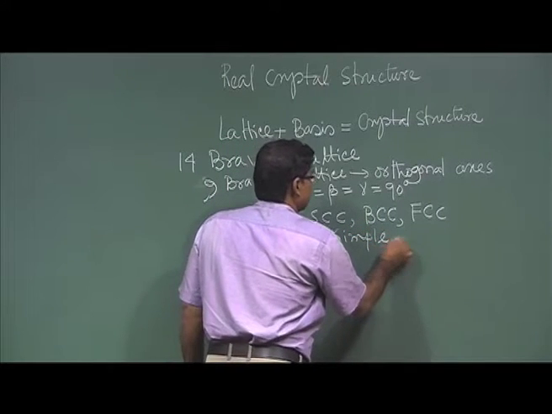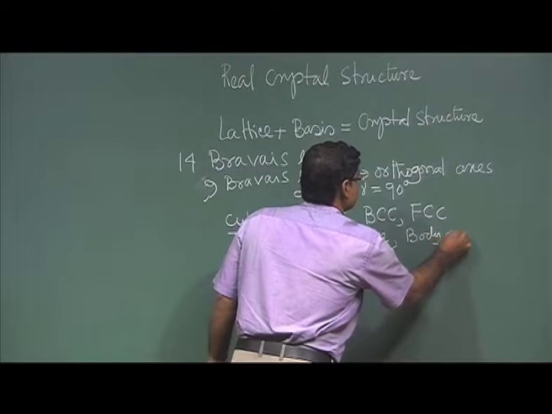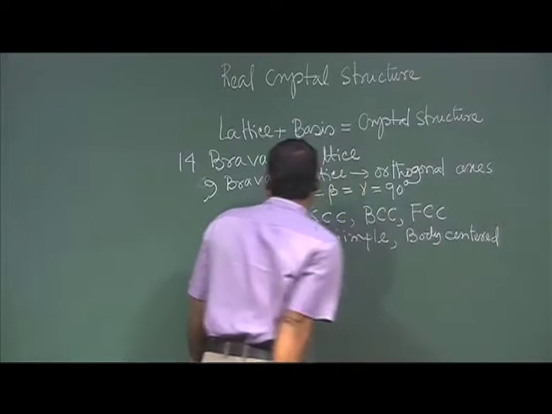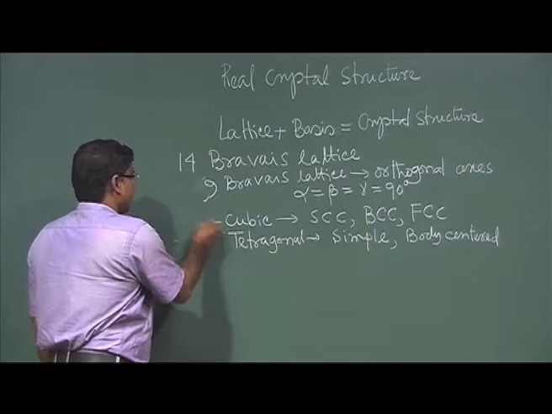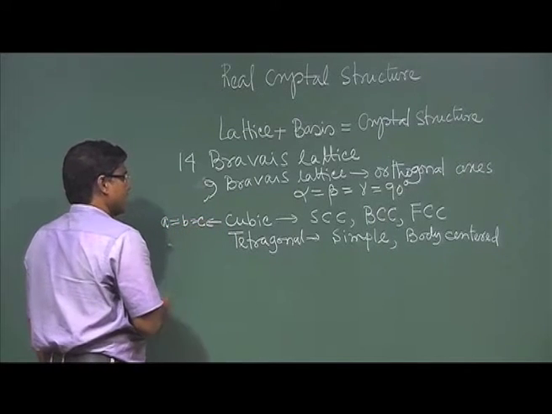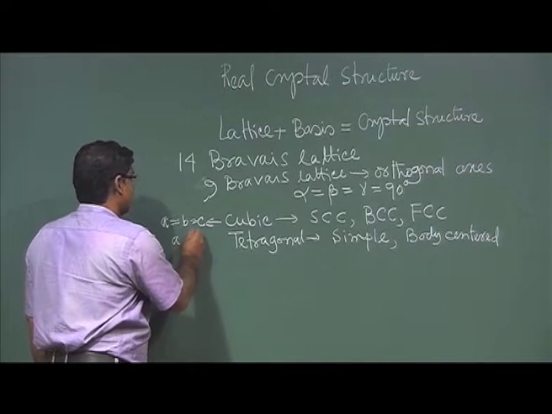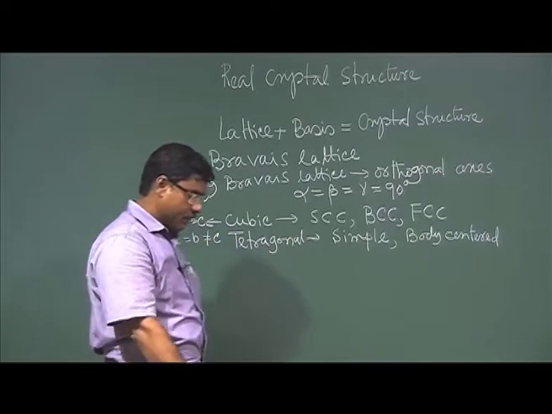So, simple and body centered. Right. So, for cubic basically A equal to B equal to C, and for tetragonal A equal to B is not equal to C, right.